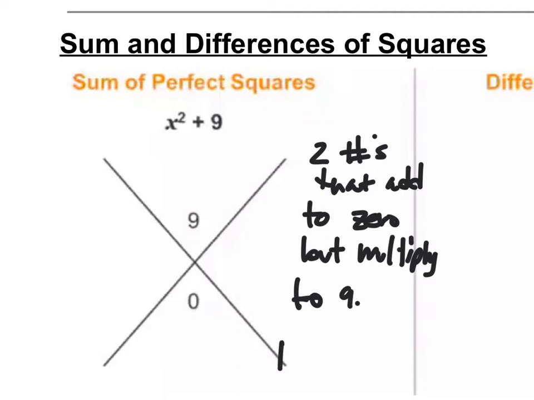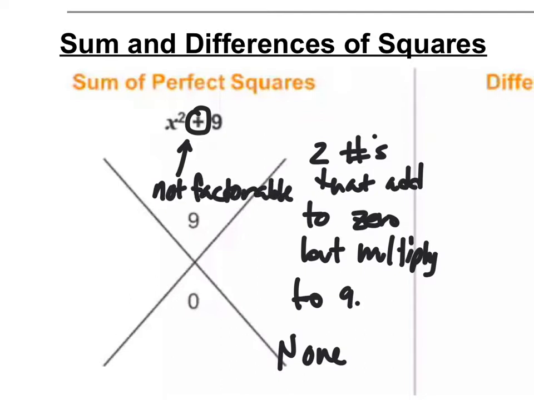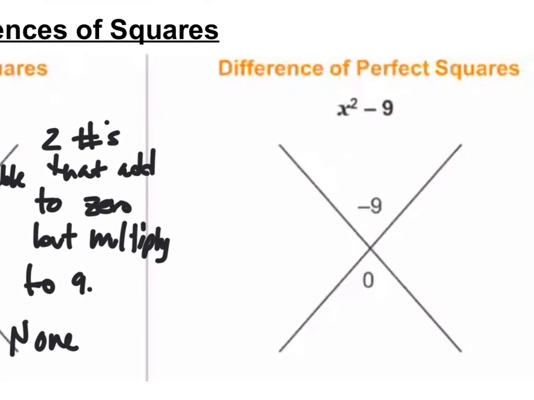If you have a plus symbol here, then this doesn't work. This is not factorable, and so it's a prime polynomial, actually. If you have the plus symbol in there, it's not going to work. Think of two numbers that add to 0 and multiply to 9. If you want to try that on your own, you can do that. I'll wait for you to do that, and you can just come tell me when you want to.